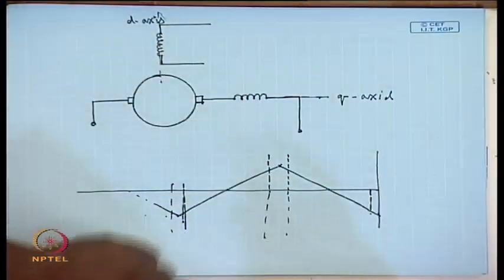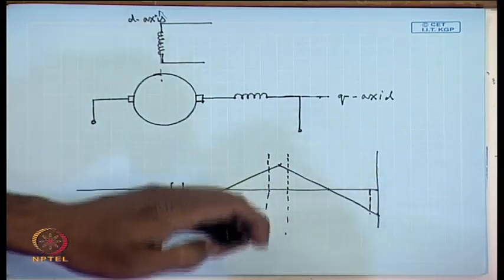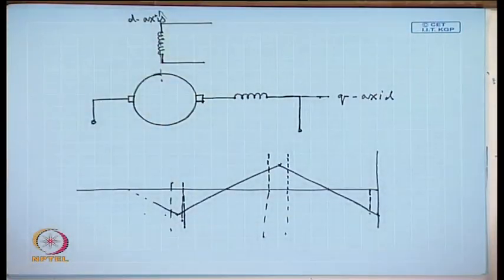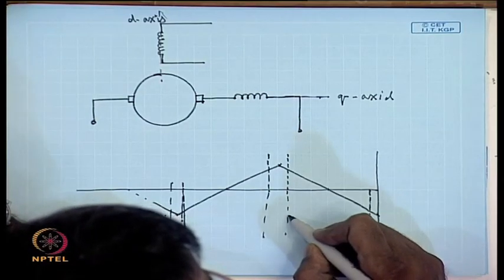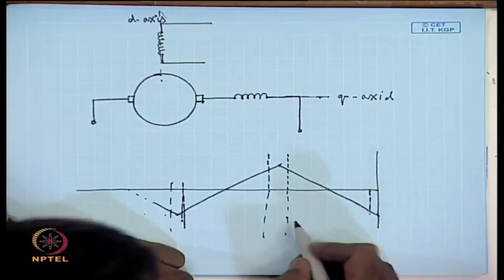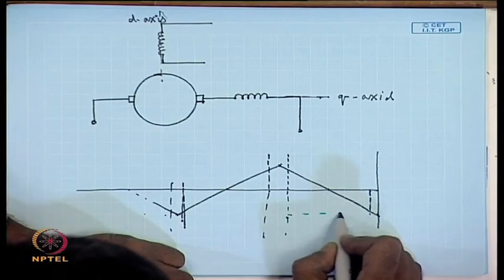So, the ampere turns produced by the pole face compensating winding will be in the opposite direction and will have a peak value same as this.